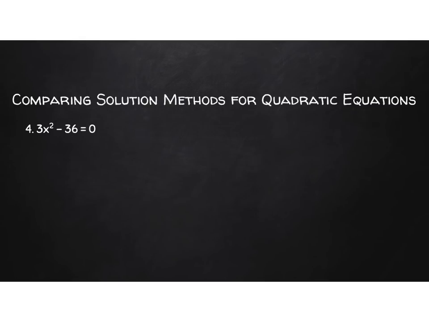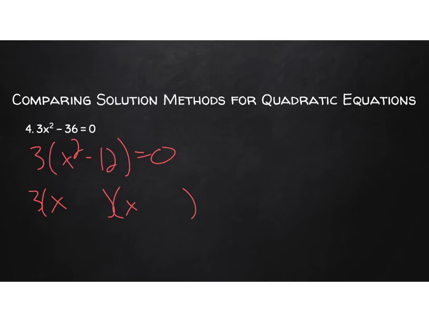Okay, so this one here, if we try to factor, we get GCF, which is 3, and we get x squared minus 12 equals 0. We have no middle term, so then we would try difference of squares, and so I get x and x, but nothing squares to give us 12, so we can't really factor it that way.